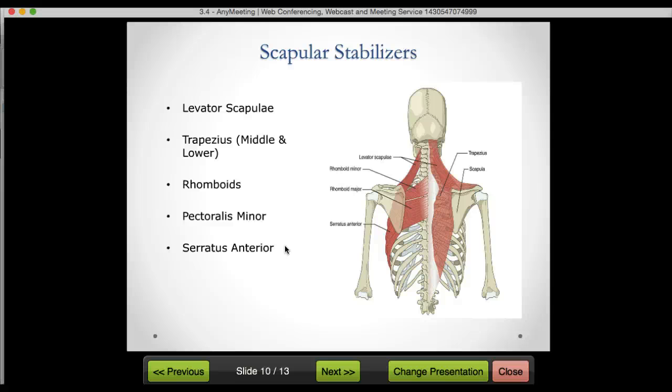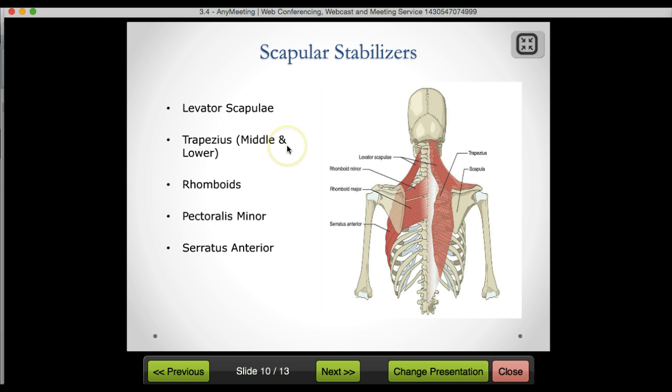And so we have the levator scapulae, which attaches on the medial side of the superior angle of the scapula and attaches to the base of the occipital. As you can tell by the name levator, it elevates the scapula, so it would bring it upwards.